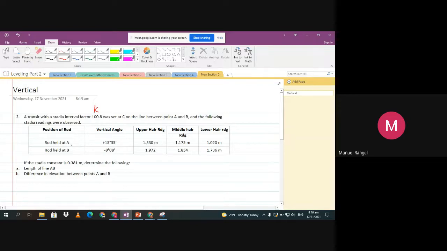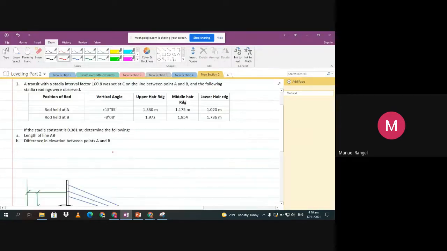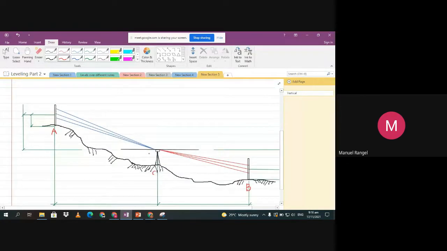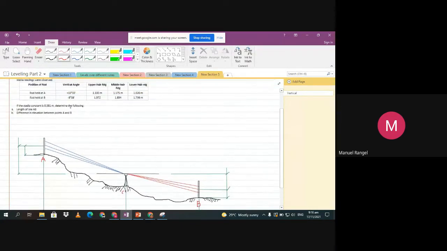We have here the position of the rod at point A and at point B. Vertical angle 15.35 degrees. Here is point C. Upper reading 1.33 meters, lower 1.02 meters, and the middle.